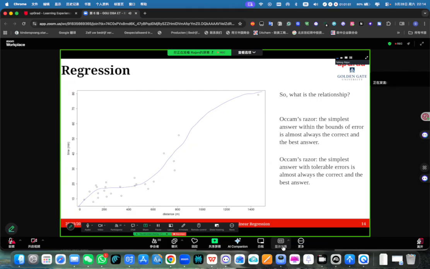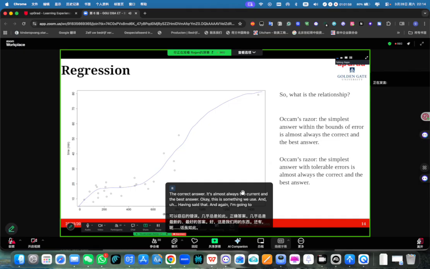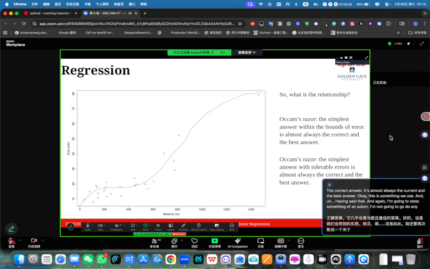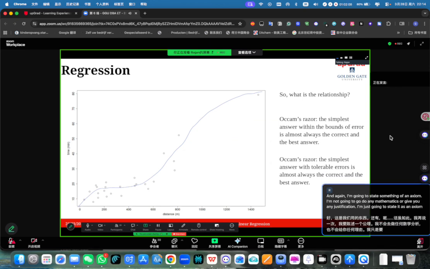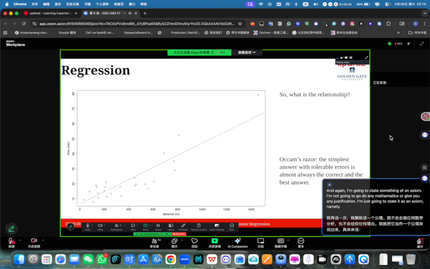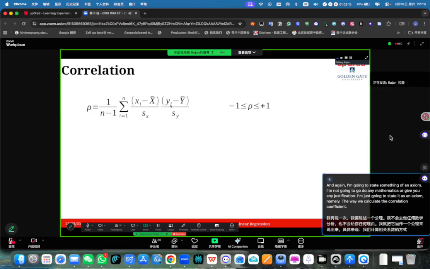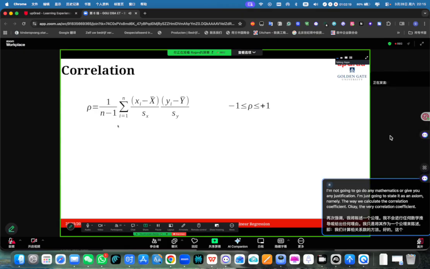Having said that, I'm going to state something of an axiom. I'm not going to do any mathematics or give any justification. I'm just going to state it as an axiom, namely the way we calculate the correlation coefficient. This is called the linear correlation coefficient.